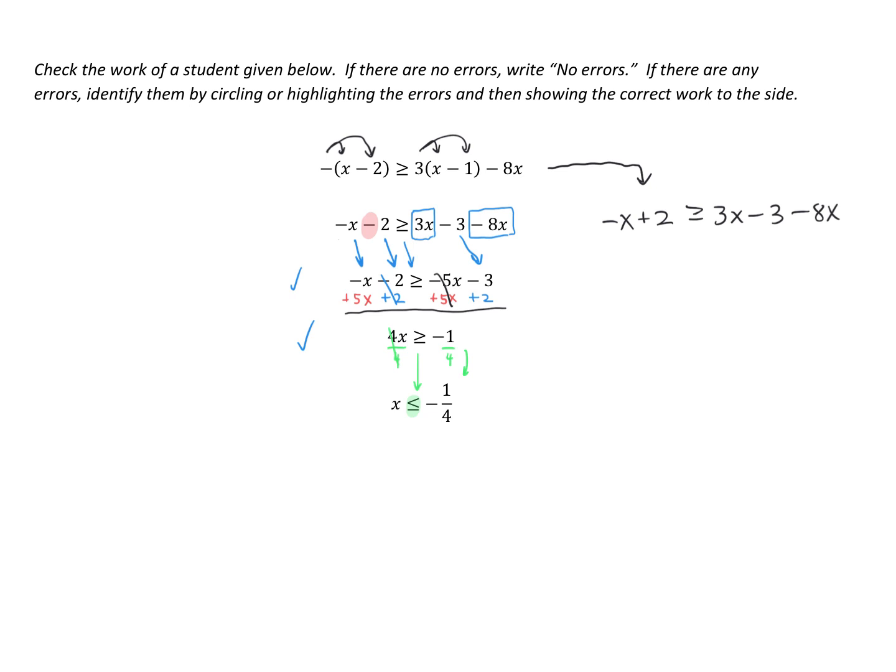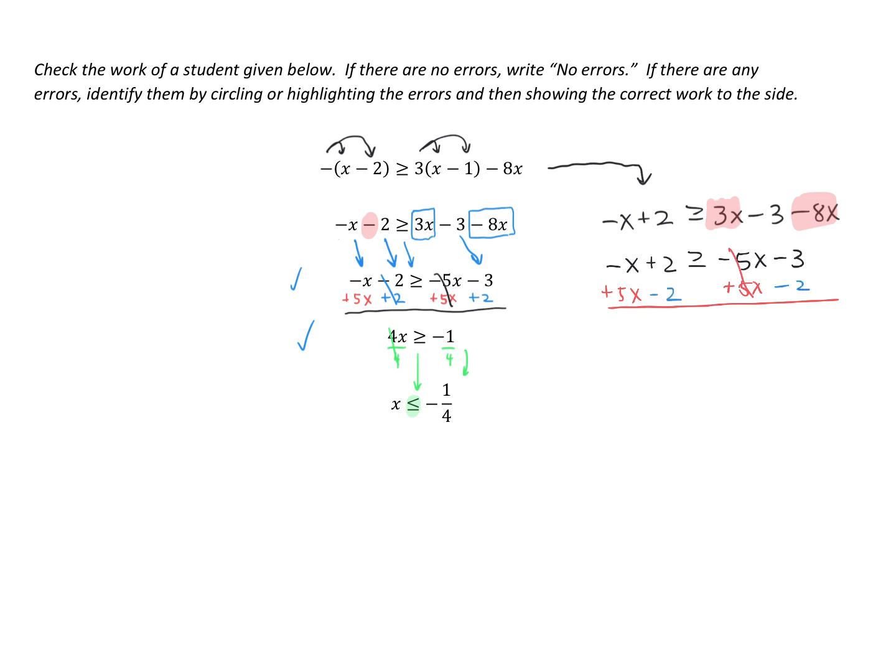So let's show the correct process. We did the first step. Now we will show combining like terms. Okay. So we would say negative x plus 2 is greater than or equal to negative 5x minus 3. We would add 5x to both sides, and we would subtract 2 from both sides.